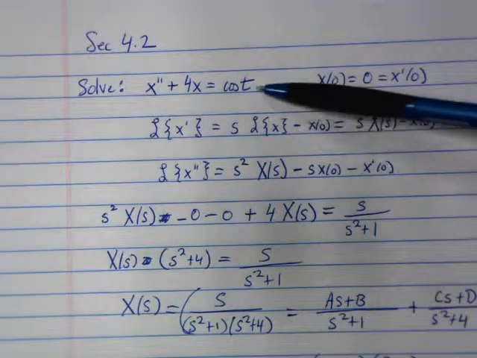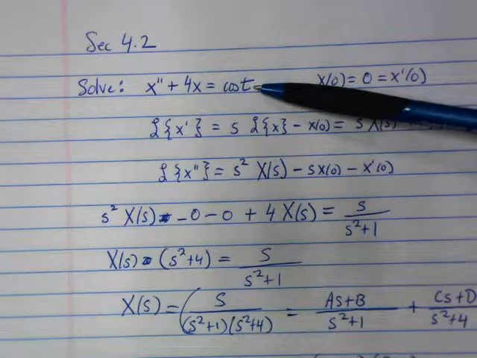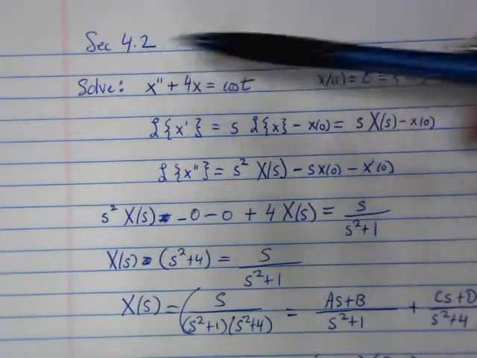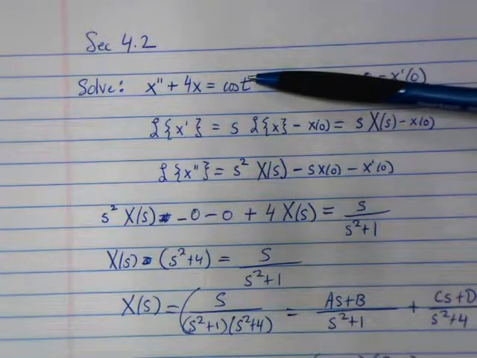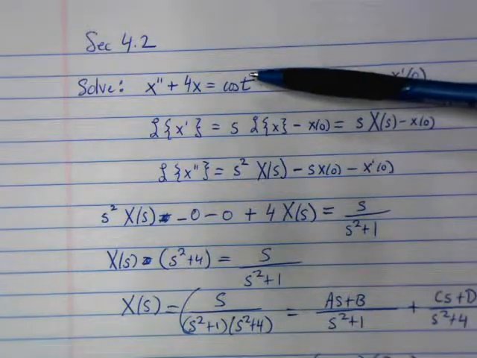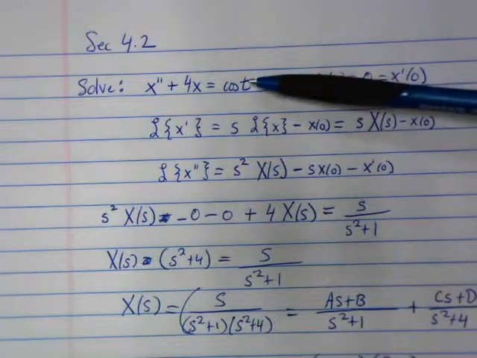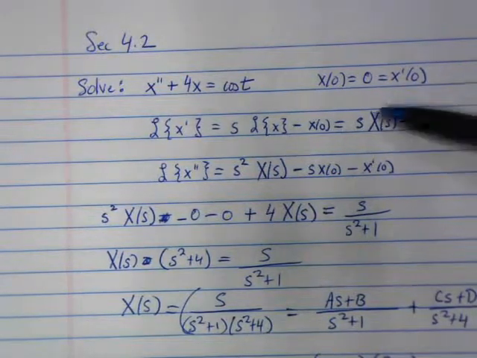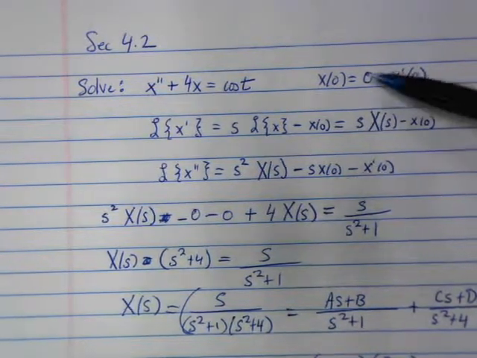And then we would have had to find the particular solution, which would have had an A cosine t plus a B sine t. We'd then have to take the first derivative, take the second derivative, plug it in, figure out A and B. Then we'd have to combine our complementary solution and our particular solution, plug in our initial conditions, which would have again involved taking a derivative, plugging in numbers, and solving yet another system of equations.